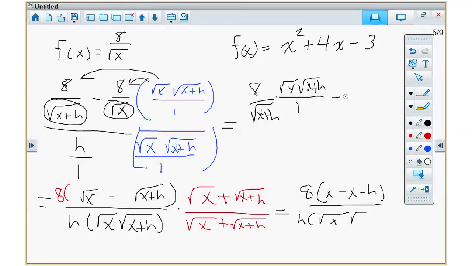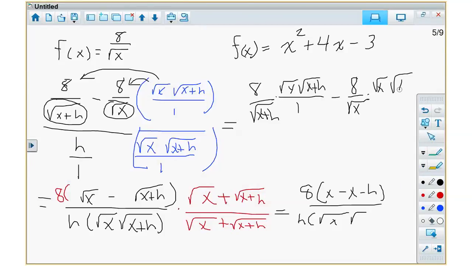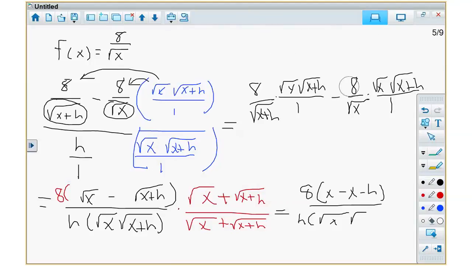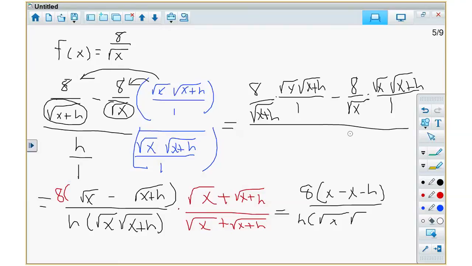Minus 8 over the square root of x times the square root of x, square root of x plus h, over 1. All over h times the square root of x times the square root of x plus h.